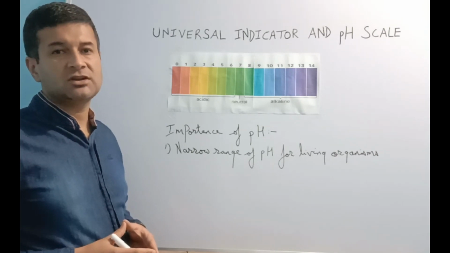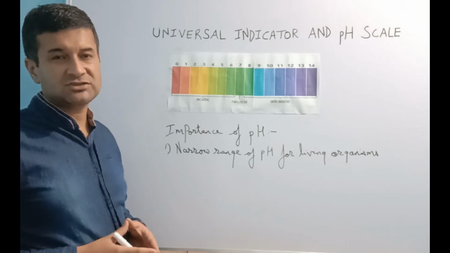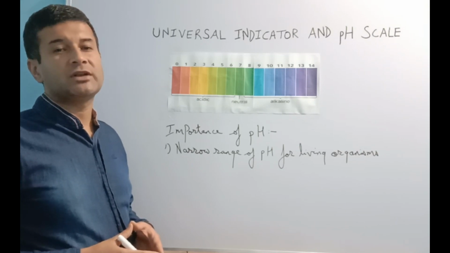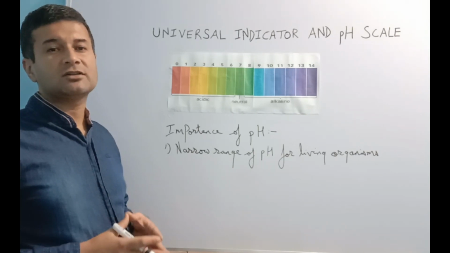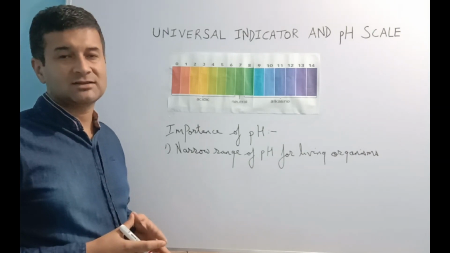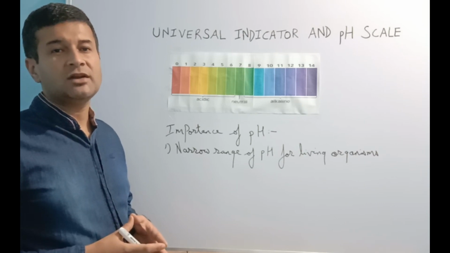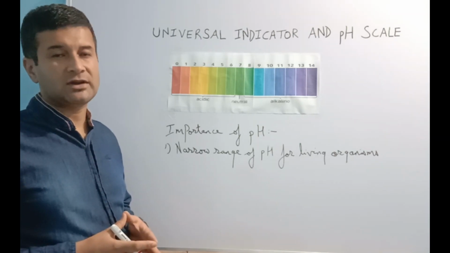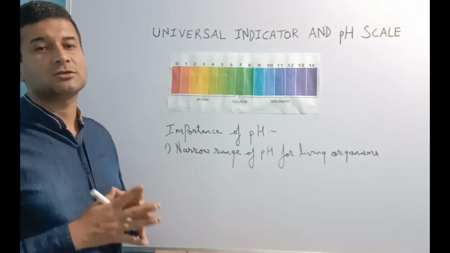Any drastic change in the pH is harmful for living organisms. The human body functions well in the narrow range of pH between 7 and 7.8. Pollutants such as carbon dioxide, nitrogen dioxide and sulfur dioxide mix with the rainwater and form corresponding acids. This phenomenon is known as acid rain. When this acid rain reaches the river water, it makes the river water acidic, which is harmful for the aquatic organisms.